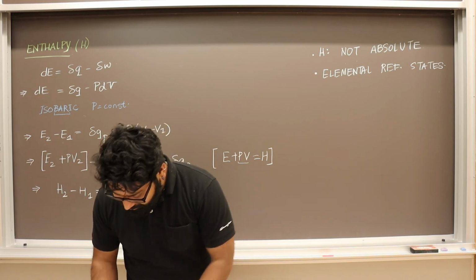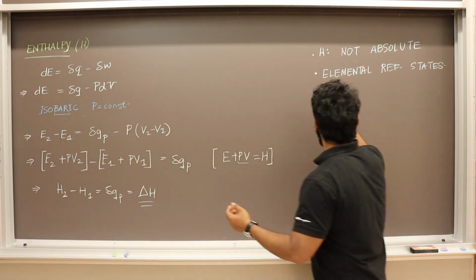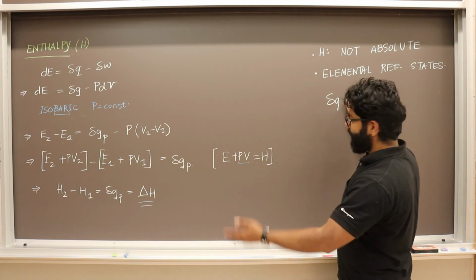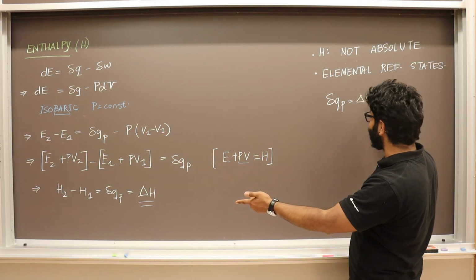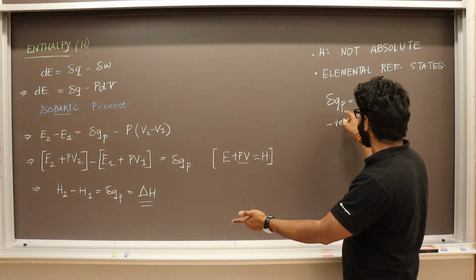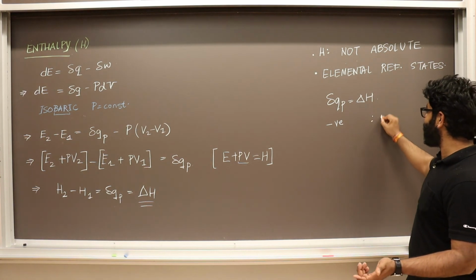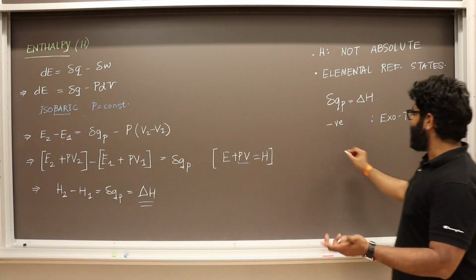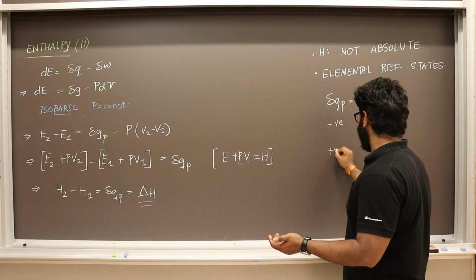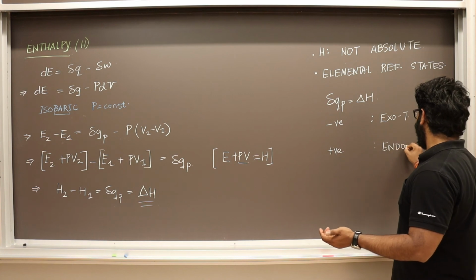Okay. All right. So similar to del Q, if del Q at constant P is basically delta H, then a negative del QP will also mean a negative delta H, which means an exothermic process, right? A positive del Q will mean an endothermic process.